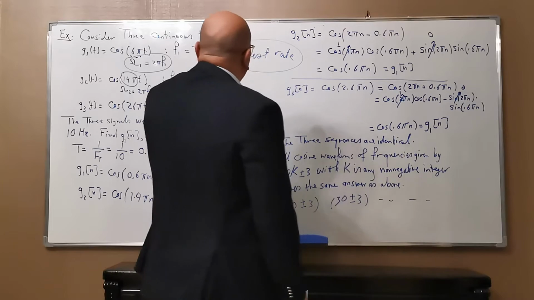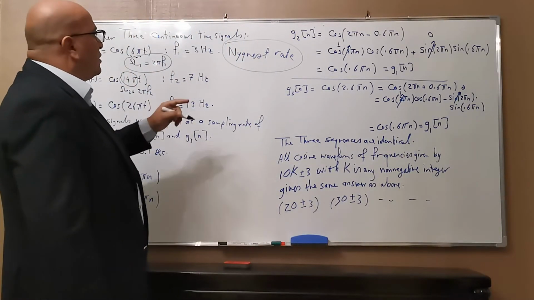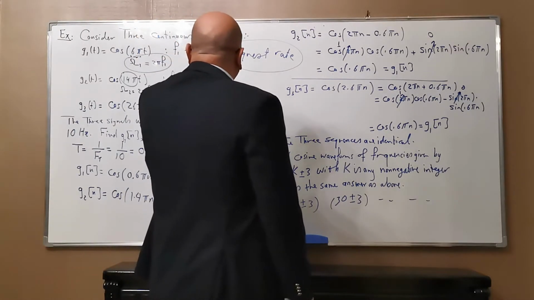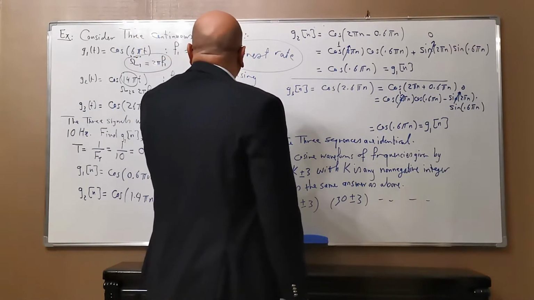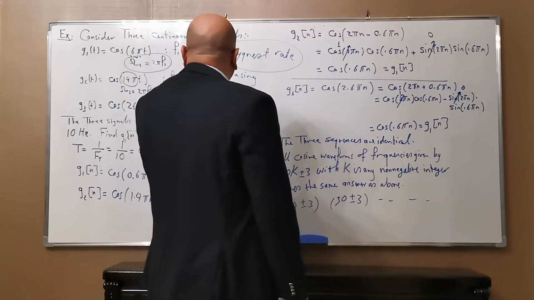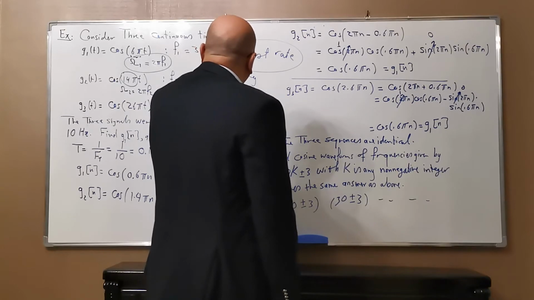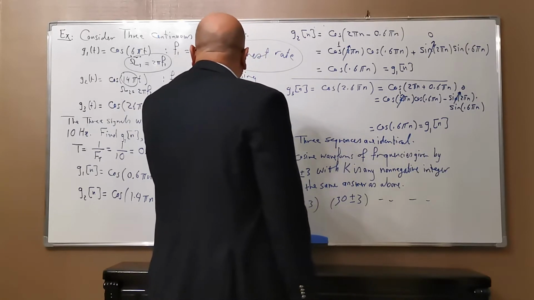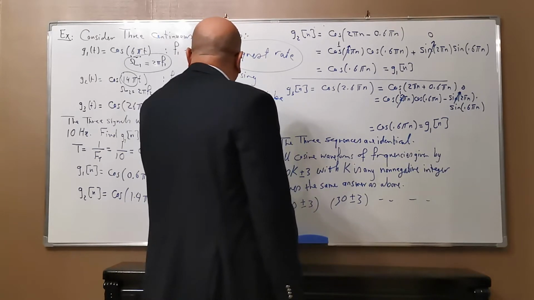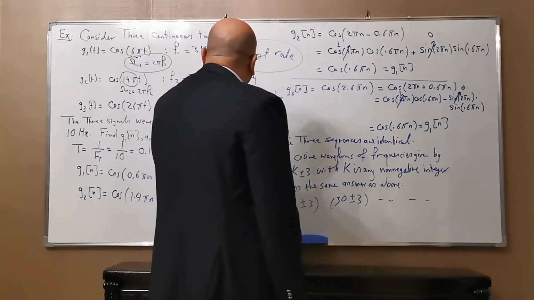The Nyquist rate states that if you want to do sampling and you don't want to get aliasing, then the sampling frequency fs has to be greater than or equal to twice f maximum.